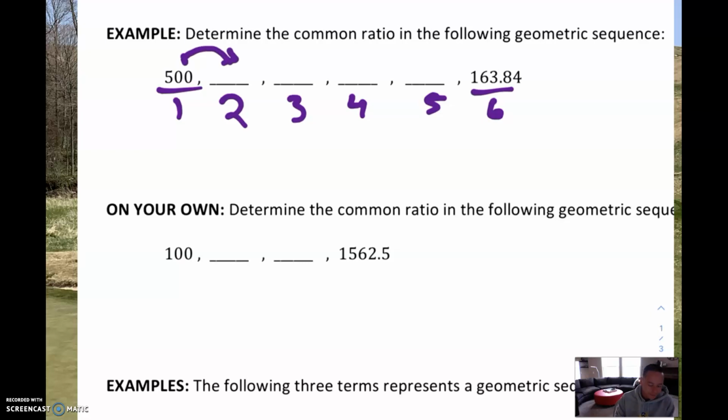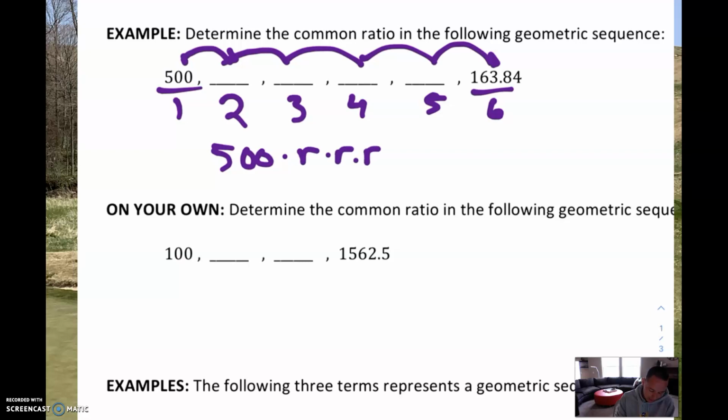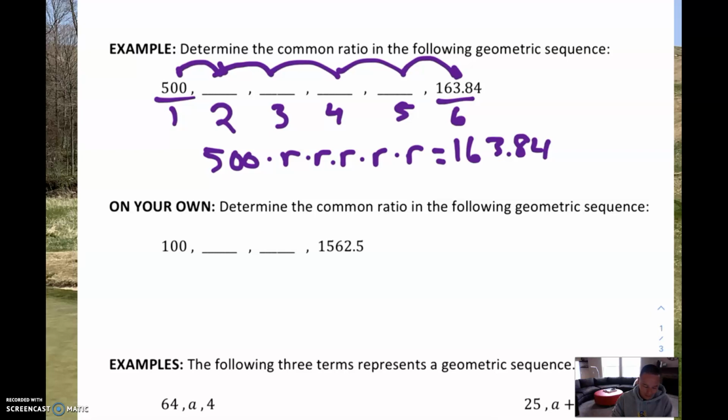Let's call it R. So we're starting with 500, and we're multiplying by R once, twice, 3 times, 4 times, 5 times. So it's times R, times R, times R, times R, times R. And when you do that, it equals 163.84.